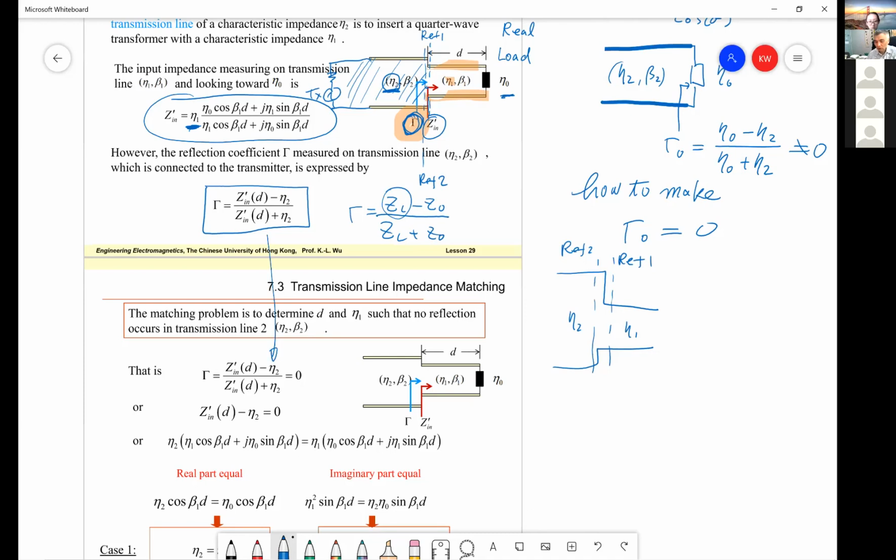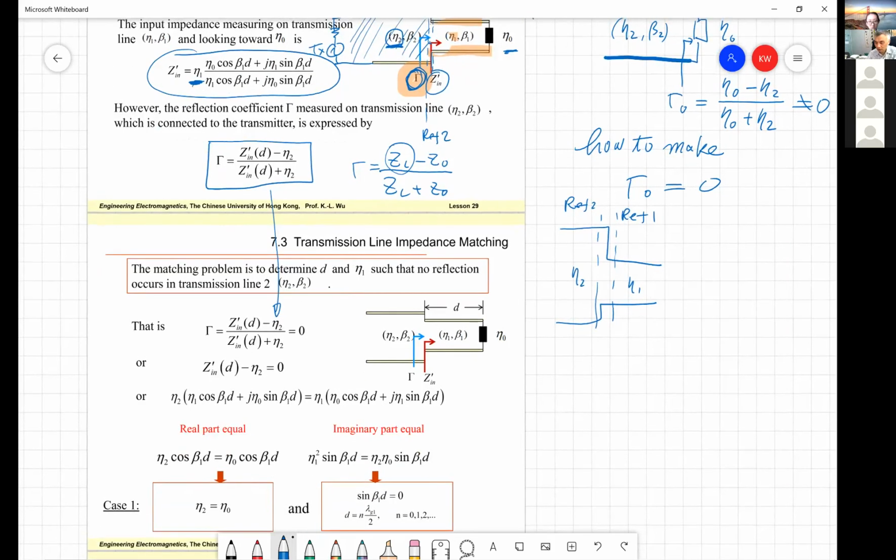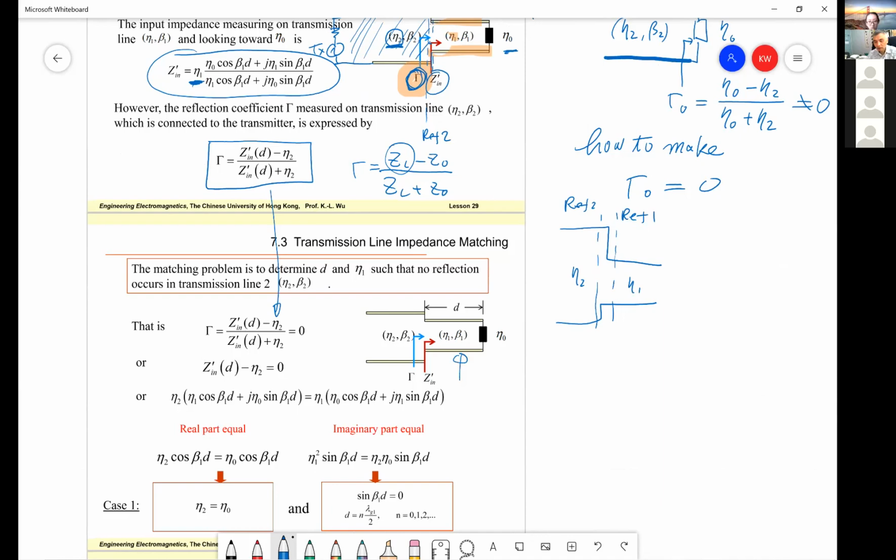I need to work out how to adjust this newly inserted transmission line such that the reflection is 0. Now let's enforce this to be 0. If this is 0, that means the numerator of this reflection coefficient should be equal to 0, right?